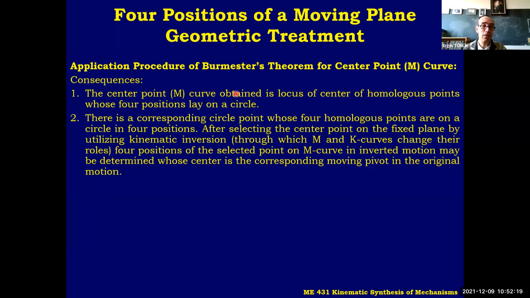If you would like to specify A0 and B0 rather than AB, then you can use kinematic inversion. Then the center point curve of the original motion will start moving in the inverted motion. So the four inverted positions will define a circle whose center will be the circle point of the original motion.